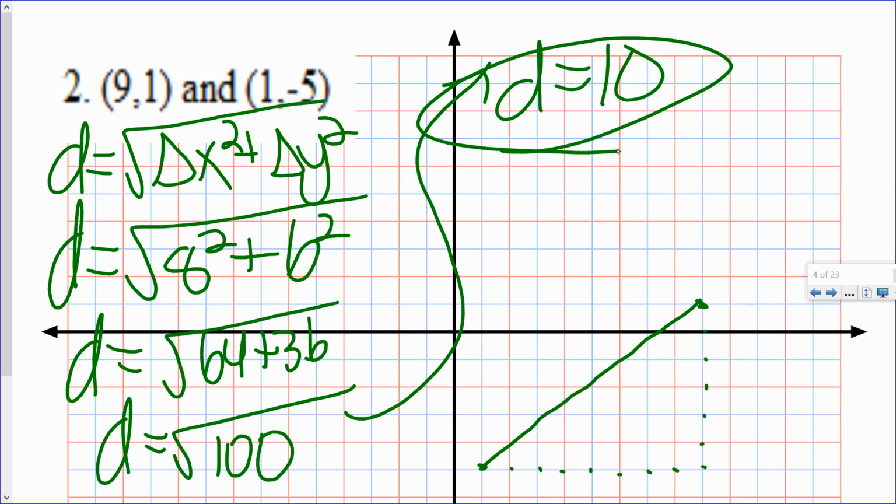And to find delta x and delta y, I'm counting from one point to the other on the graph. Now, another way to get delta x and delta y, I could subtract. I don't like subtracting because I find that students make tons of subtraction errors, especially when it involves negatives. But I could have done 9 minus 1 is 8, 1 minus negative 5 is 6. You can go that route, but I like to have my students count on the graph.